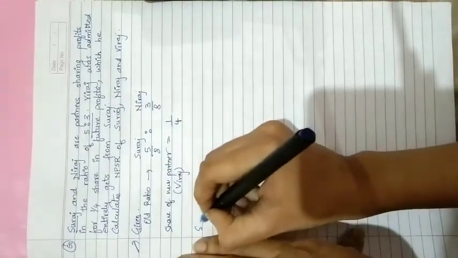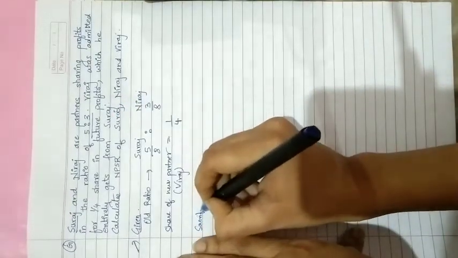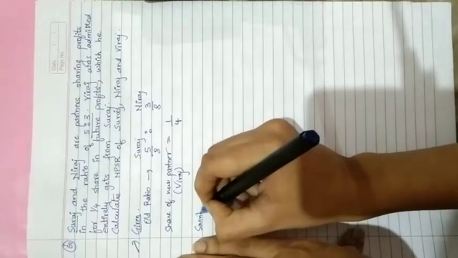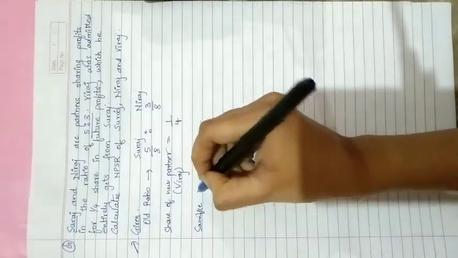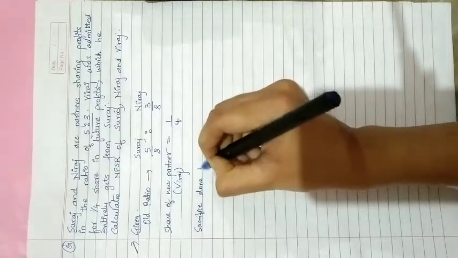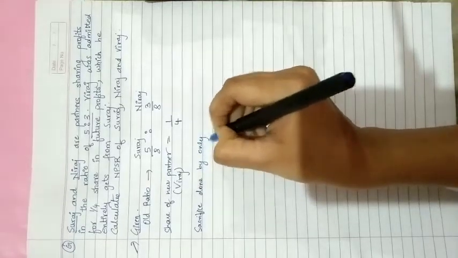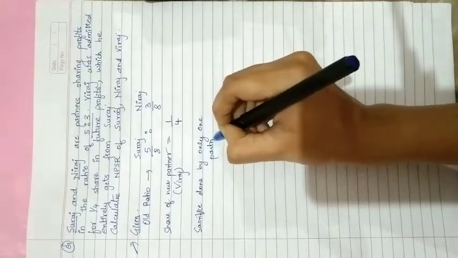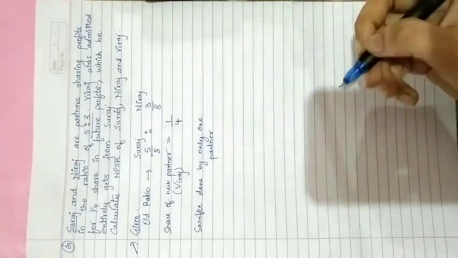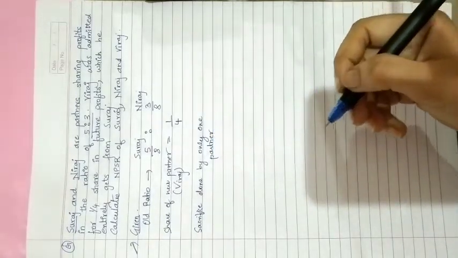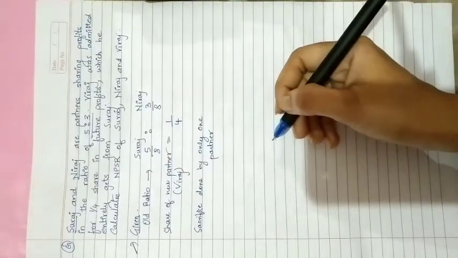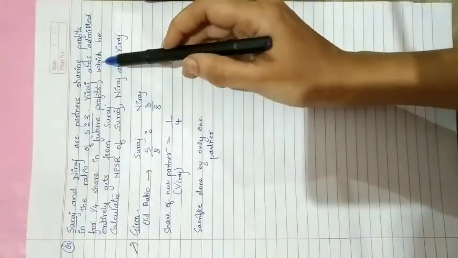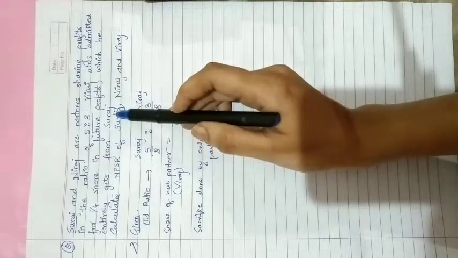Now sacrifice, okay, sacrifice is done by only one partner here to give that share to the new partner. So what is given here? Which he entirely gets from Suraj.